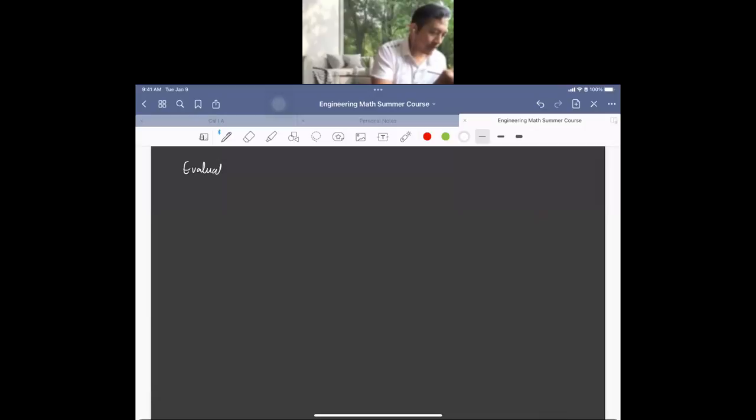Okay, evaluate Laplace of cosine t and then Heaviside t minus pi. Again, the first thing, identify. To identify, this will be our function g. It should be like t minus a, so we can identify a is pi.